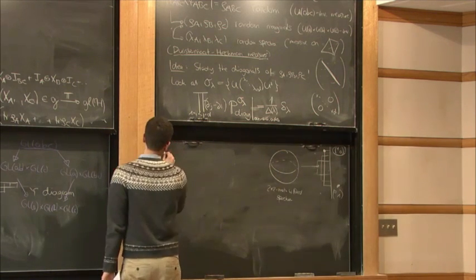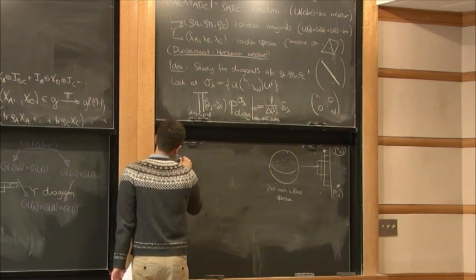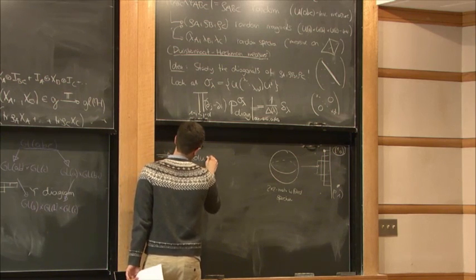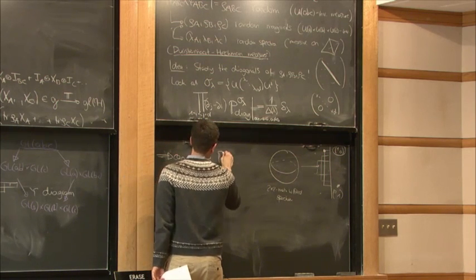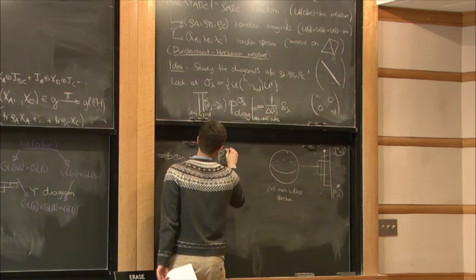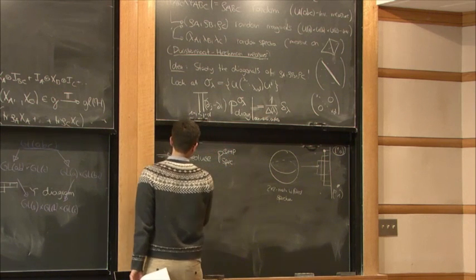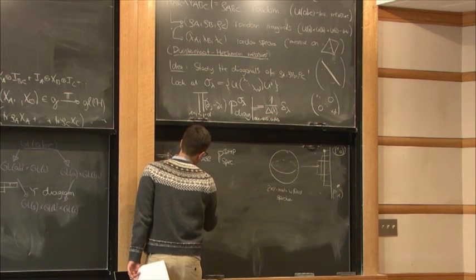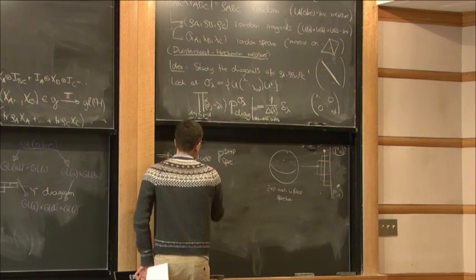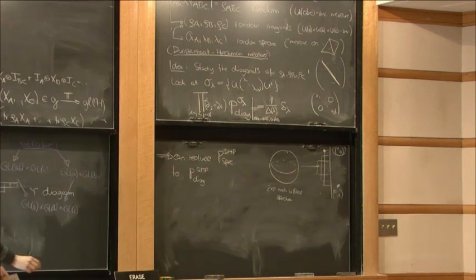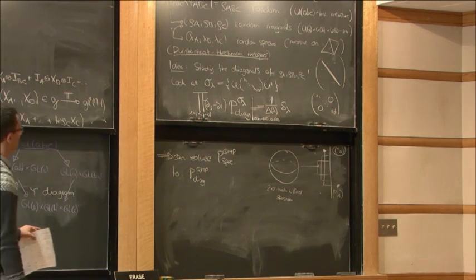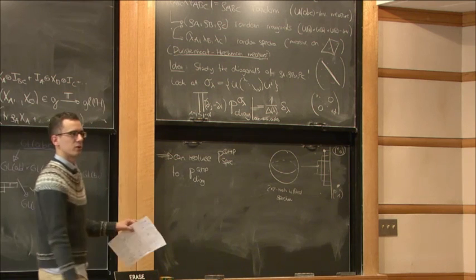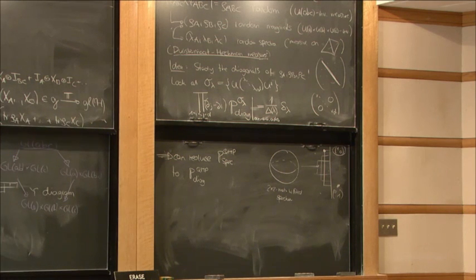So the upshot is that we can reduce P spec in this quantum marginal problem version to P diag. I apologize that this may be a bit sketchy. Are there any questions about this idea?